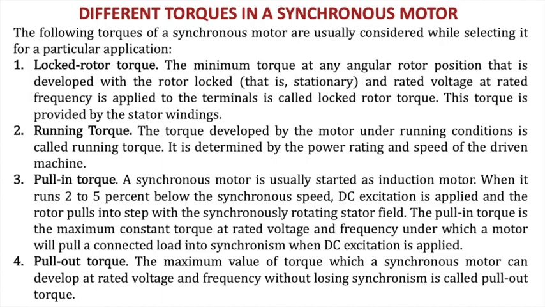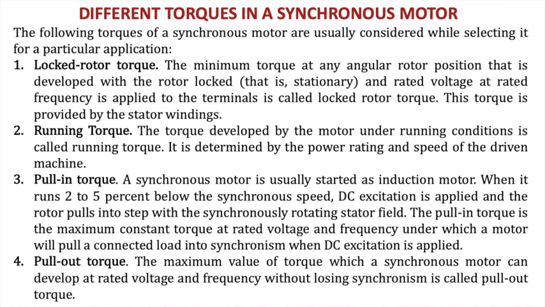Now, what are the different torques in a synchronous motor? The terminologies used are, first, the locked rotor torque. The locked rotor torque is the minimum torque at any angular rotor position that is developed with the rotor locked, with the field, and rated voltage at rated frequency applied at the terminals.